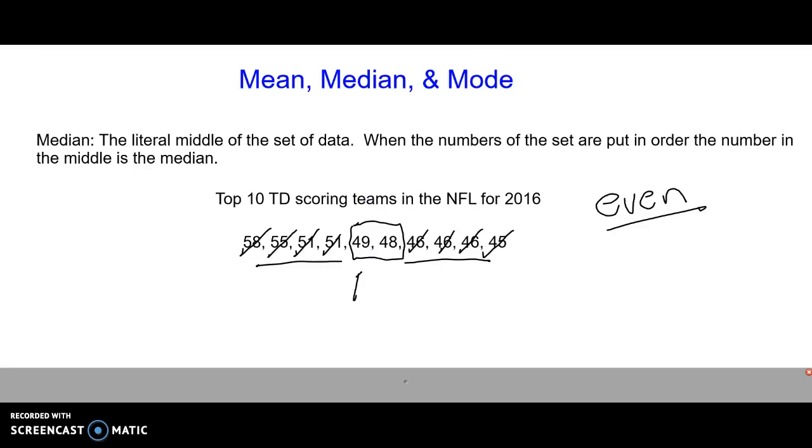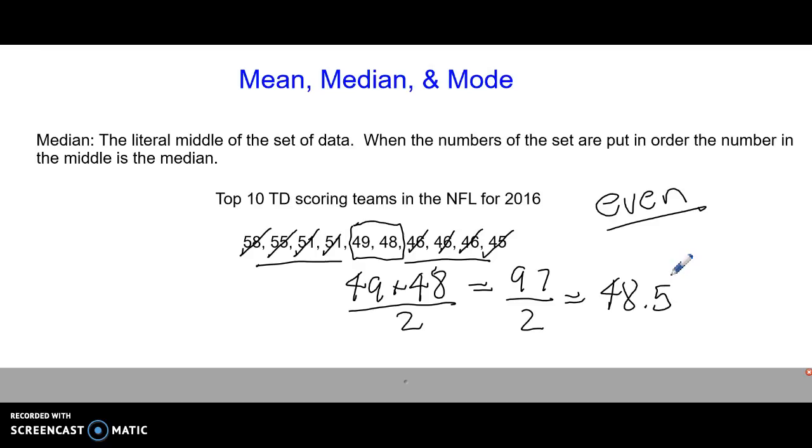So we're going to take 49 and 48, and we're going to add those two together, and since those are two numbers, we're going to divide them by 2. So the sum of 49 and 48 is 97. And then 97 divided by 2 is 48 and a half, or 48 and 5/10.